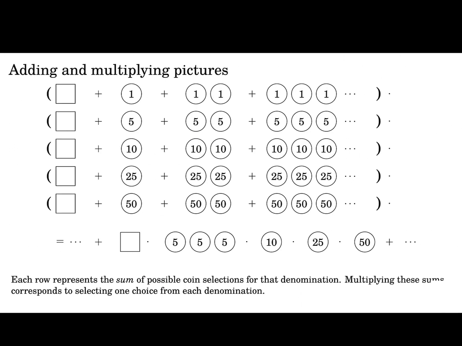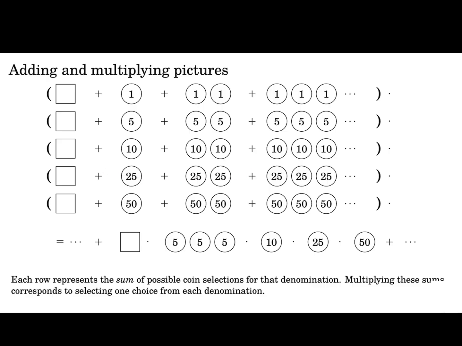Now the idea is we can write our problem sort of like with an algebra of pictures in the following way. Now, this choice of either no penny or 1 penny or 2 pennies or so on, we can sort of represent by a plus. And the choice that we're doing one of these and one of these and one of these and one of these is like a multiplication.